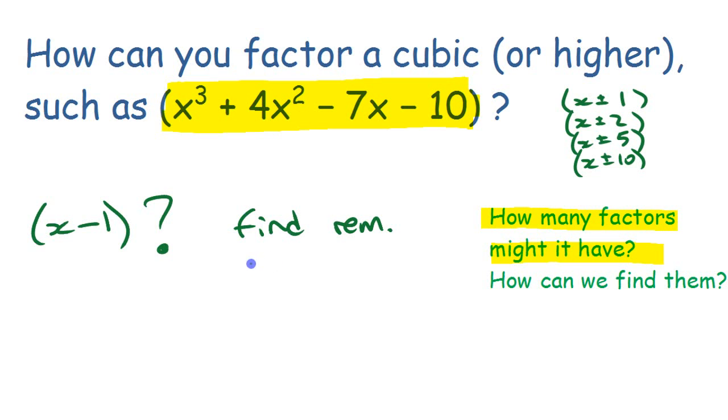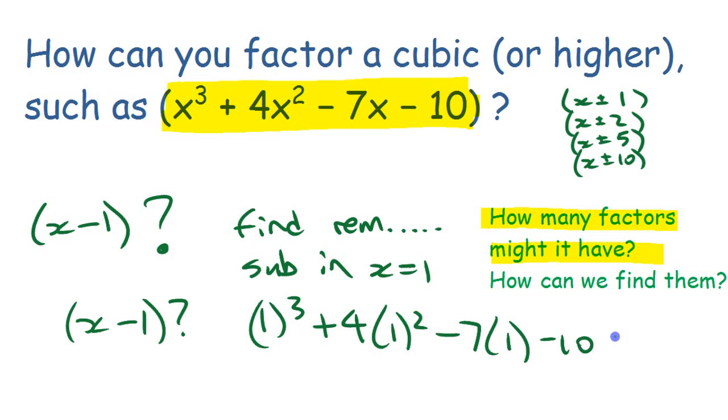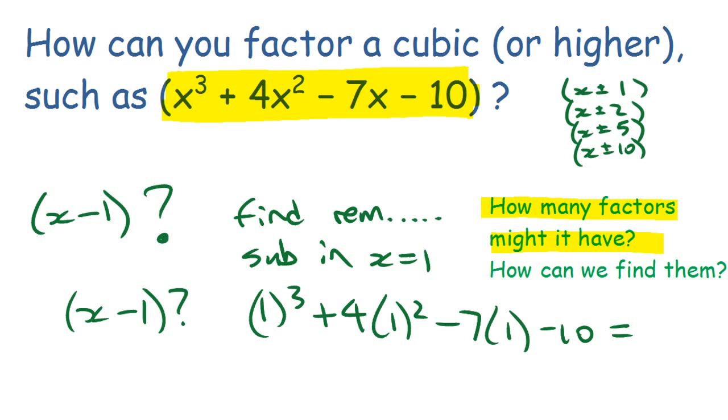And the way we're going to do that is we're going to sub in x equals 1. If you sub in x equals 1 there, okay, so I'll make a list here. x minus 1. If we sub in 1 here, we get 1 cubed plus 4 times 1 squared minus 7 times 1 minus 10. What does that give us for a remainder here?